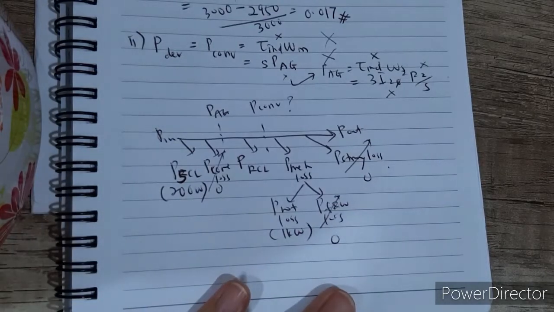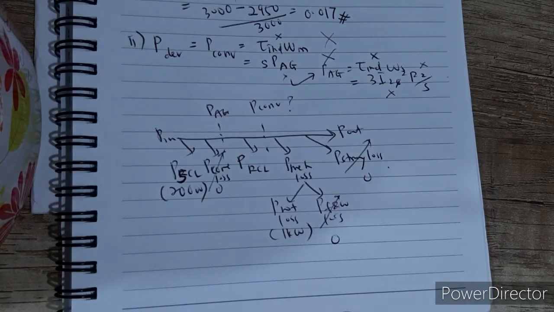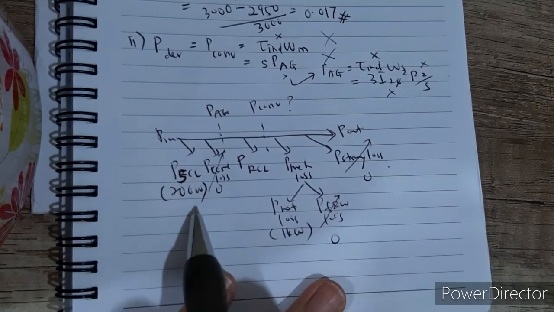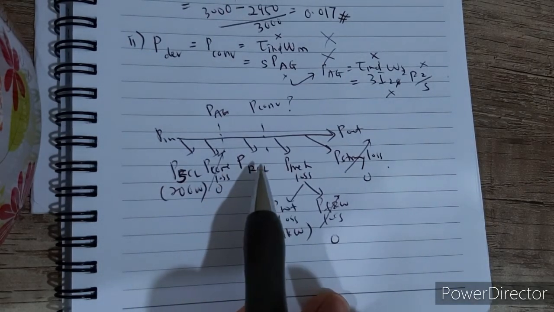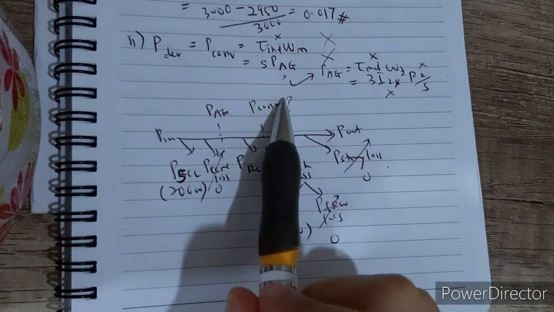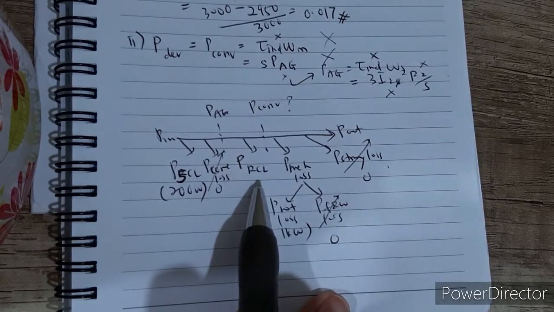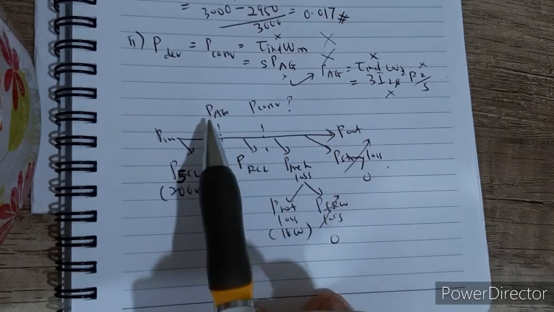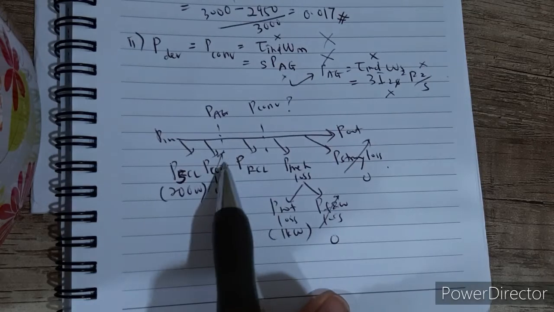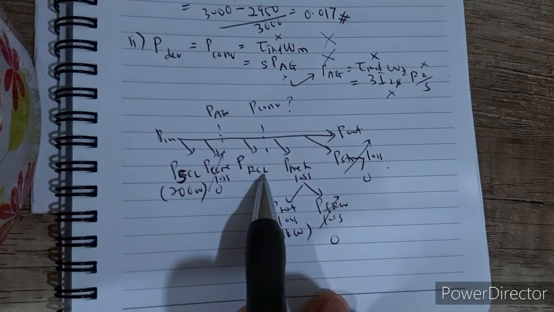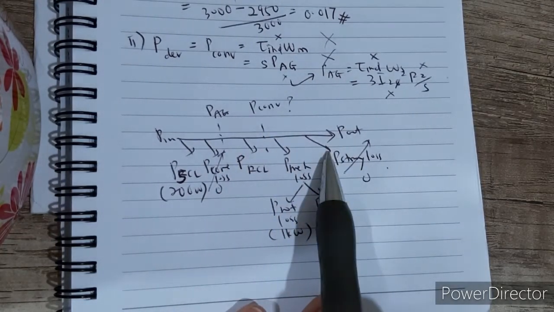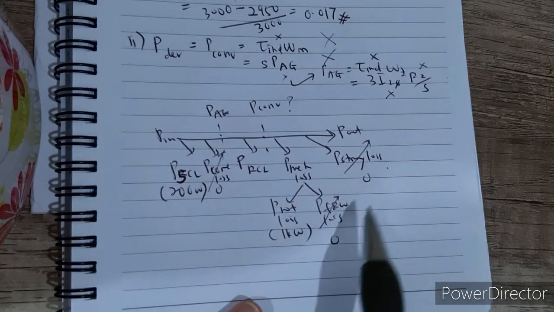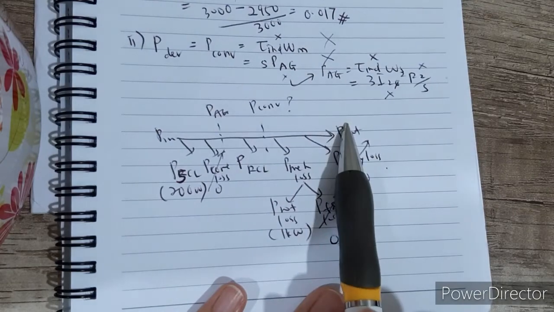At this point, can we find P converted using plus and minus? From the front, P in minus 200 minus PRCL equals P converted, but we don't have PRCL. P air gap minus PRCL also equals P converted, but we don't know your P air gap as well as your PRCL. How about from the back? P converted minus 1 kilowatt minus 0 equals P out.